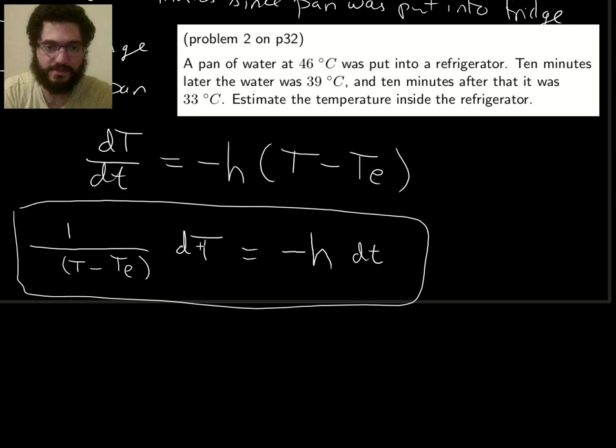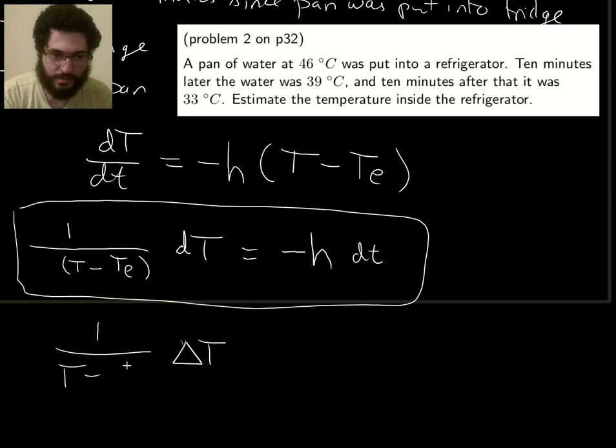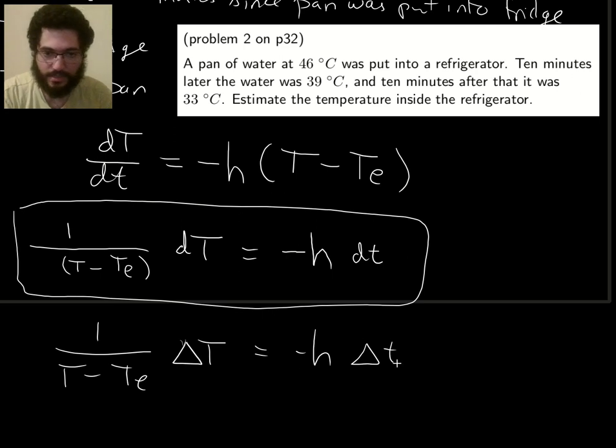You can think of this as just another way of writing down Newton's law of cooling, telling you how changes in one variable correspond to changes in another variable. That's ultimately what a differential equation is. It's telling you little changes in time are going to be related to little changes in temperature according to this equation. It's the exact version of what you could approximate like this if you put delta T and thought of them as actual little differences in temperature and differences in time. So this would be an approximation to it.